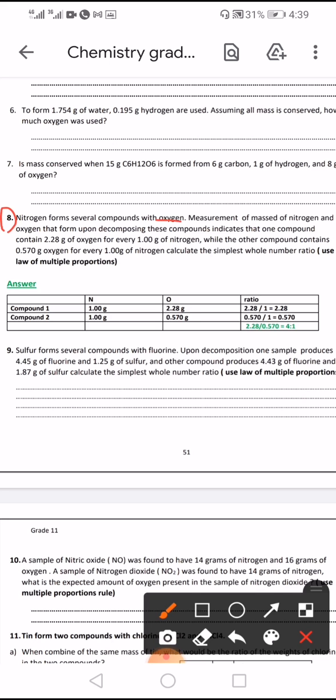So, in this problem, we need to calculate what? The simplest whole number ratio. We use the law of multiple proportions. Look, there is the answer. We have two compounds, compound 1 and compound 2.